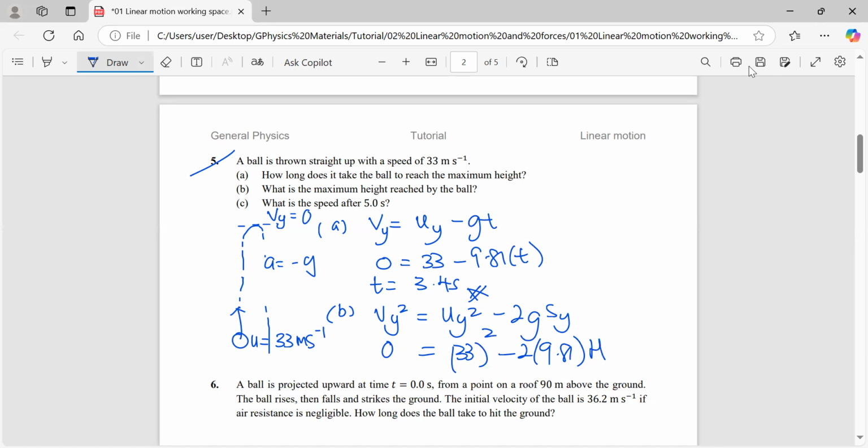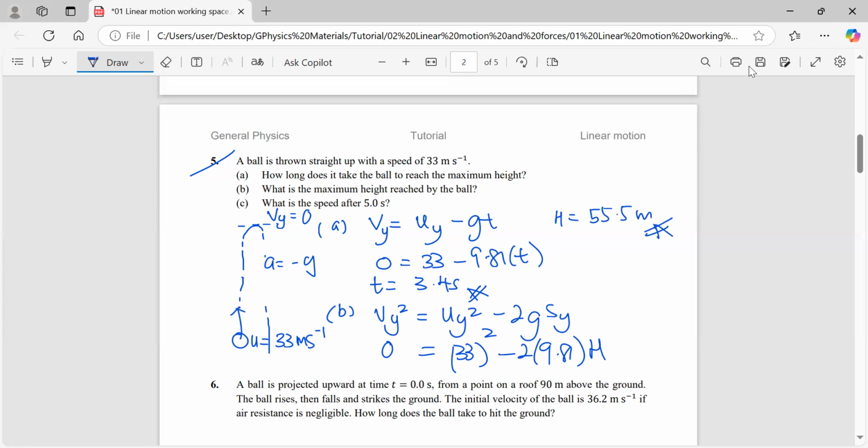Let me check my calculator. I get 55.5 meter. Okay, correct. So this gives us h equals 55.5 meter.